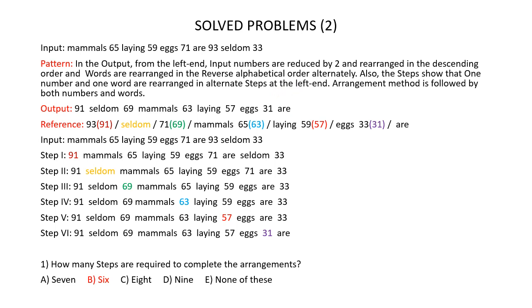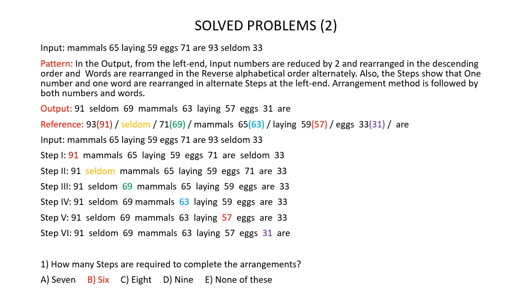Now since there are 10 elements in the input, there will be 10 elements in the reference line also. Also, we know that the arrangement method is followed by both numbers and words. This means that the rearrangement of words is done in the same order as is given in the output. So the reference line now looks like this: 91 seldom, 69 mammals, 63 laying, 57 eggs, 31 are.